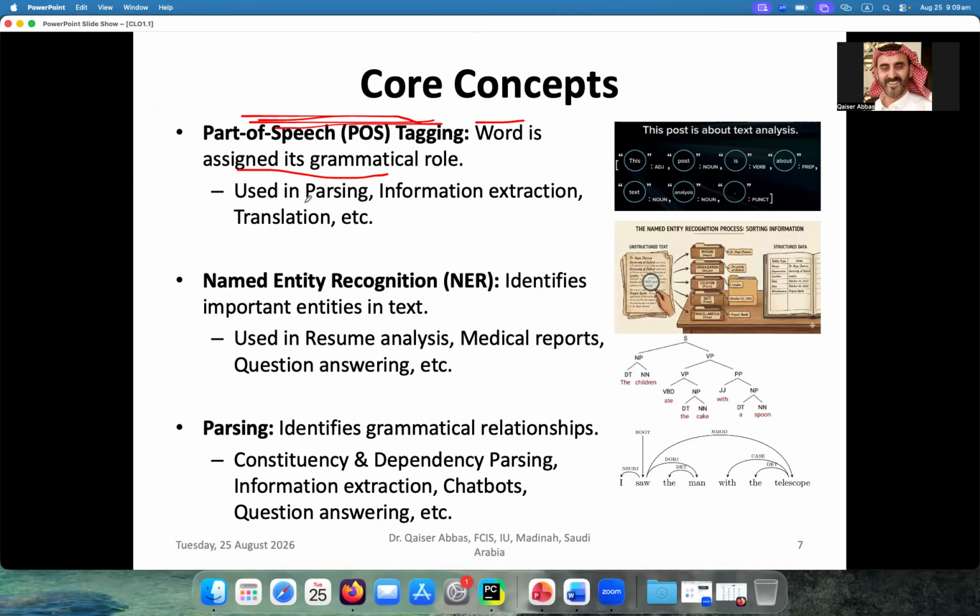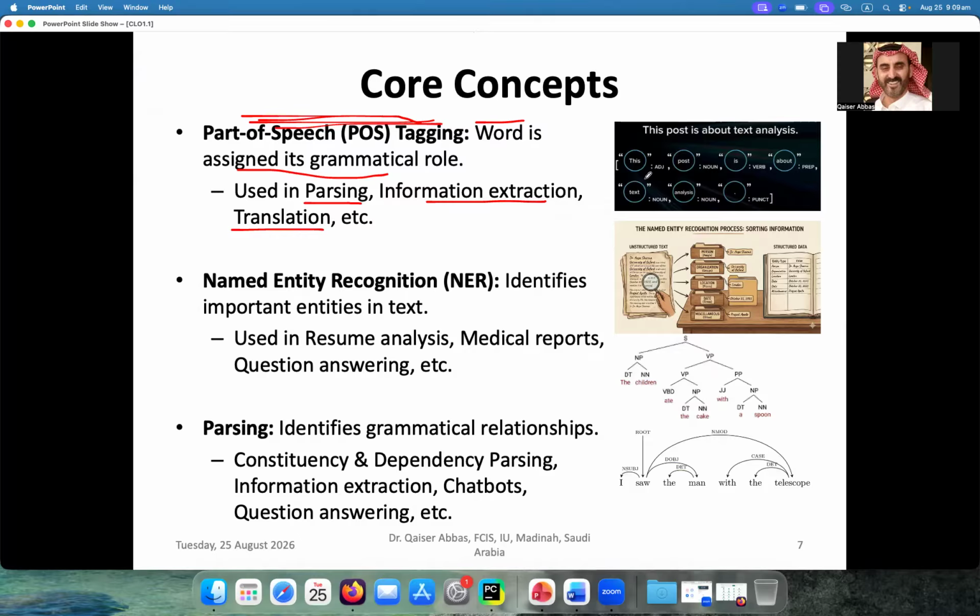We are using it in parsing, in information extraction, information retrieval, and in machine translation. And I said there is a separate chapter on it, and there are different algorithms for doing part of speech tagging. But I skipped it from your course because it's easy.